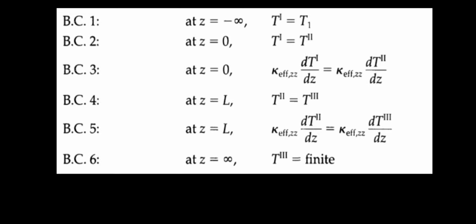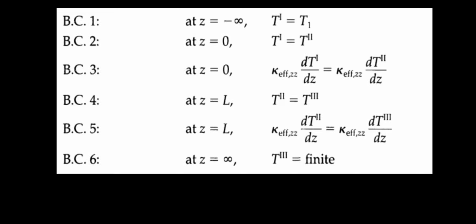It's important to note that these effective thermal conductivities might be different due to differences in the packing material, inert versus catalytic, and potentially different flow characteristics. This condition ensures that energy is conserved at the interface. No heat energy is instantaneously accumulated or lost at this boundary.